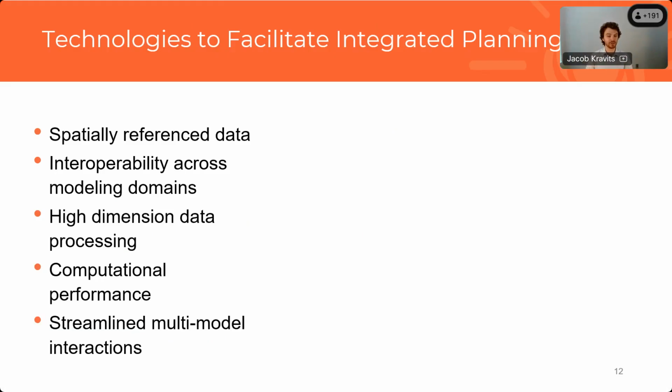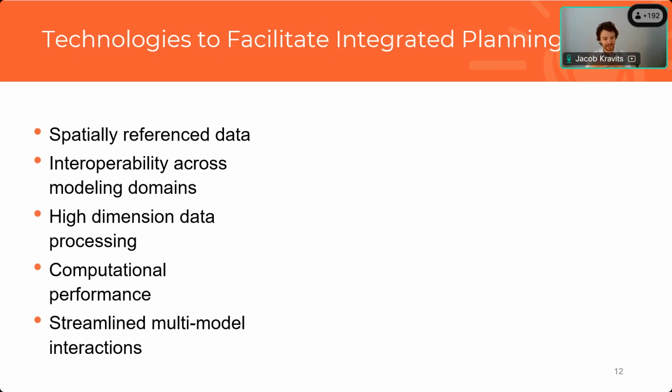These concepts include spatially referenced data. Remember in that jog stage, I was talking about aligning data inputs and outputs. So for example, if you're mapping distribution feeders to your transmission model nodes, that's going to be a lot easier to do if it's a spatial query. If you're trying to match with names, that can be pretty hard to do.